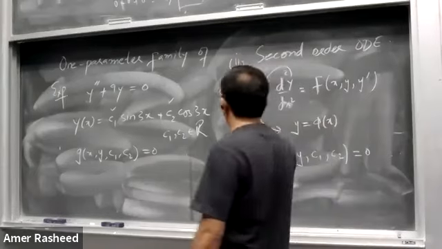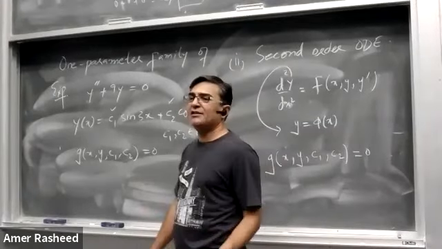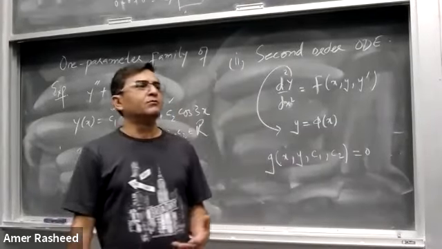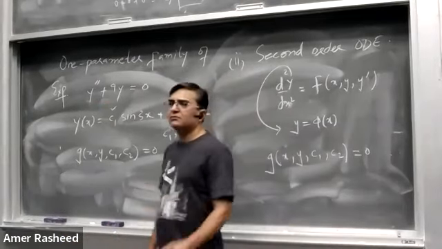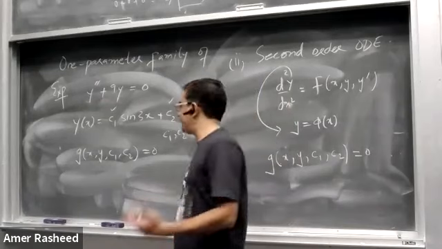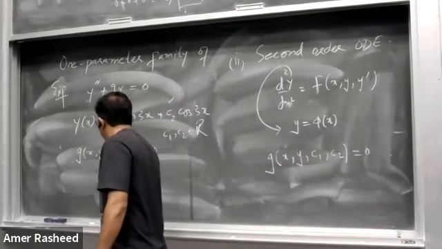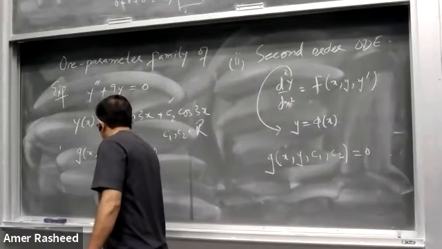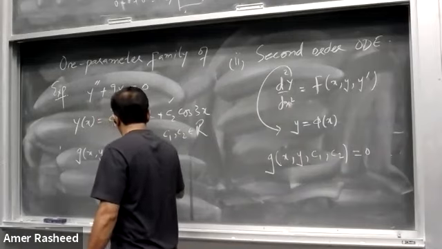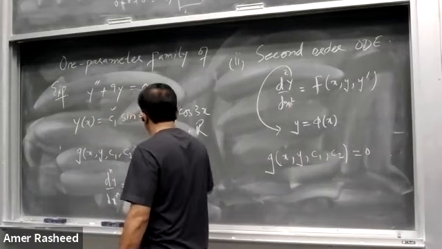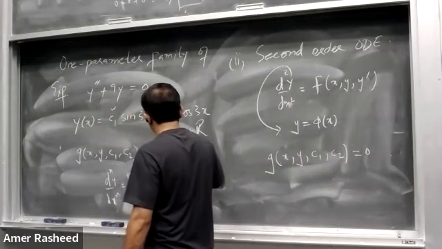And similarly, if you have an nth order differential equation, then in general an nth order differential equation क्या होती है? d^n y by dx^n is equal to f of x, y, y dash, so on, y^(n-1).